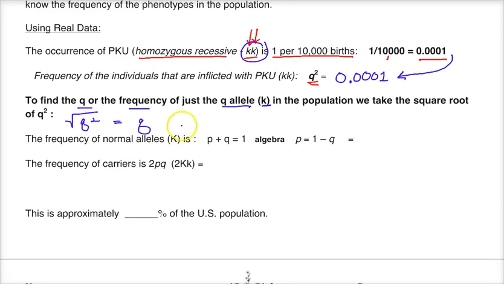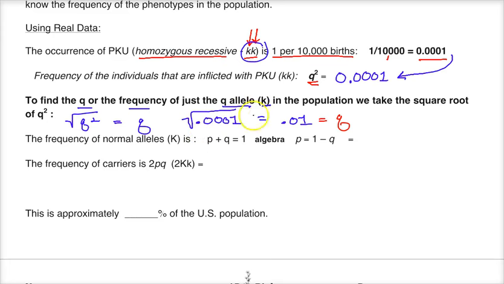Since q squared is equal to 0.0001, we take the square root of it, and we get 0.01. What does that equal? Don't get lost. It's equal to my q, which is the frequency of all of the recessive alleles in our population.